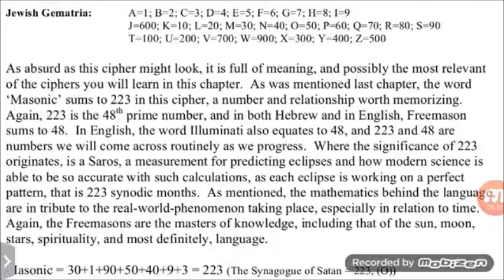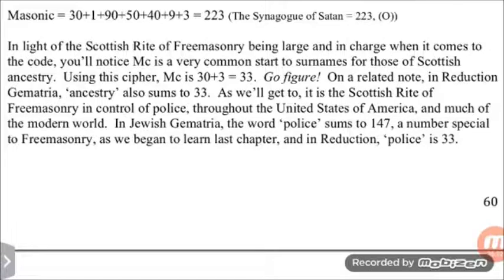As mentioned, the mathematics behind the language are in tribute to the real-world phenomenon taking place, especially in relation to time. Again, the Freemasons are the masters of knowledge, including that of the sun, moon, stars, spirituality, and most definitely language. Masonic equals 30 plus 1 plus 90 plus 50 plus 40 plus 9 plus 3 equals 223. The Synagogue of Satan equals 223 ordinal.